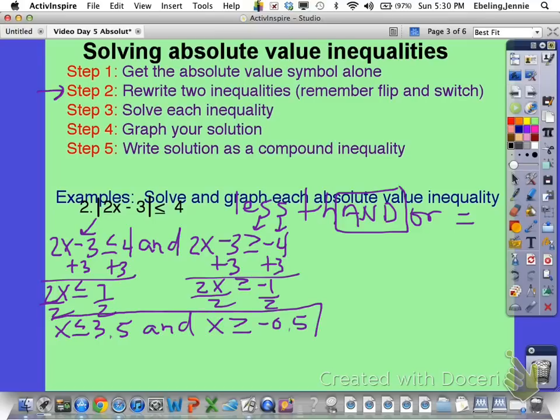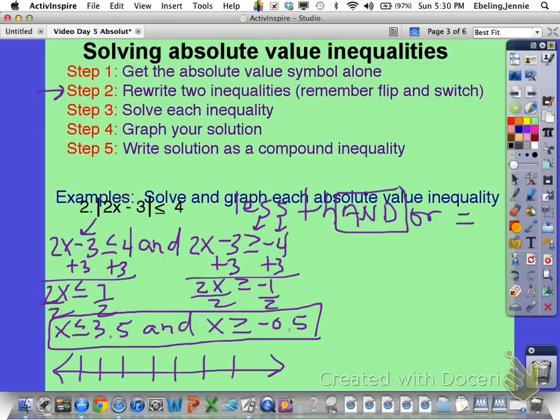Now I can use this solution, and I can graph that solution. And quickly graph that. So if I make this negative 1, 0, 1, 2, 3, 4, 5. x is less than or equal to 3.5 means that I go to 3.5 and I have a closed circle at 3.5.